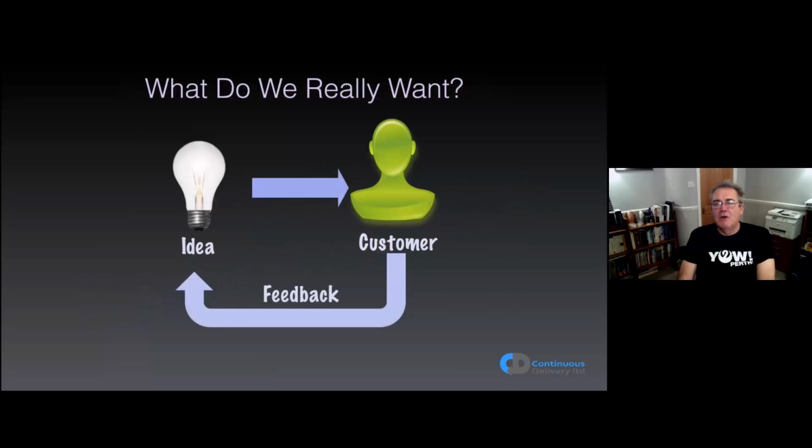I think that what we're really trying to achieve is this. We're trying to optimize the software development delivery process from idea to getting working software into the hands of our users, and then gathering feedback so that we can learn quickly. And that's it. That's really the scope of continuous delivery.